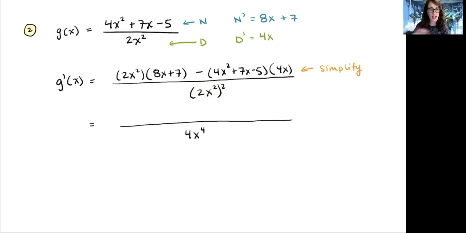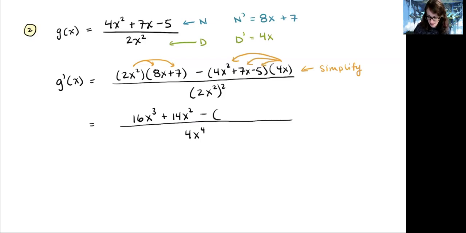On the top, we just have a lot of expanding to do and combining some like terms together. So we'll distribute the 2x squared into the 8x and the 7. So it'll give us 16x cubed, then plus 14x squared. All right, then we're going to subtract what we get when we distribute the 4x into here, here, and here.